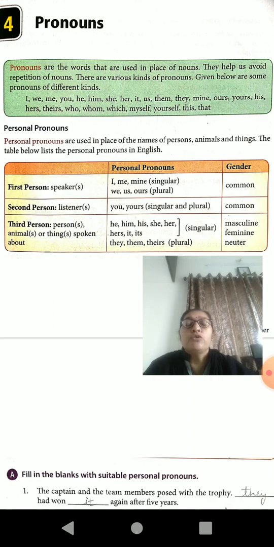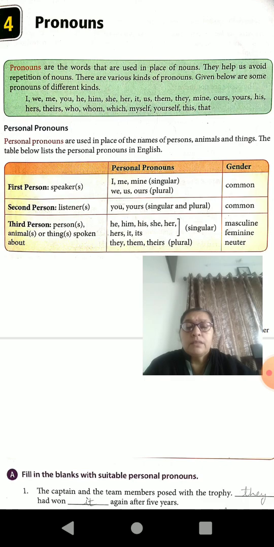Here in unit 4, pronouns, we study about different types of pronouns. First, personal pronoun. Personal pronouns are used in place of the names of persons, animals, and things.